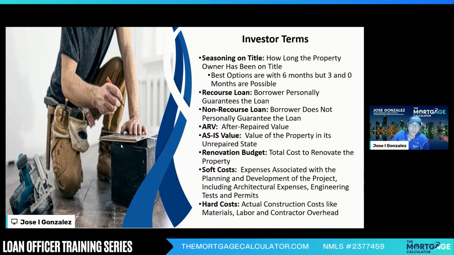Now, the renovation budget is going to be broken down into soft costs, which are the expenses associated with the planning and development of the project, including architectural expenses, engineering tests, and permits. And you have hard costs, which are the actual physical construction costs like materials, labor, and contractor overhead.